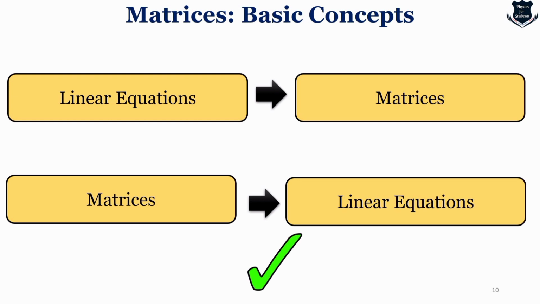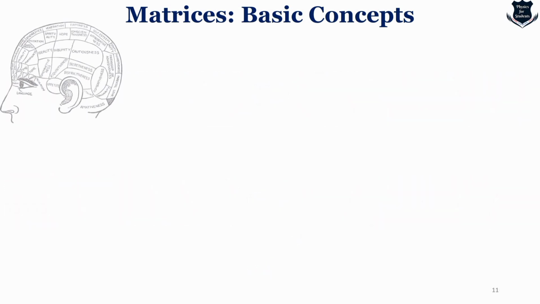Matrices help us in a better visualization of areas where linear equations are more mathematical, a little bit abstract in nature. So if you learn linear equations first and then go to matrices, it sometimes becomes difficult for students to understand, because from an abstract concept we are going into visualization. So we will start first with visualization and then go to the abstract concept. Okay.